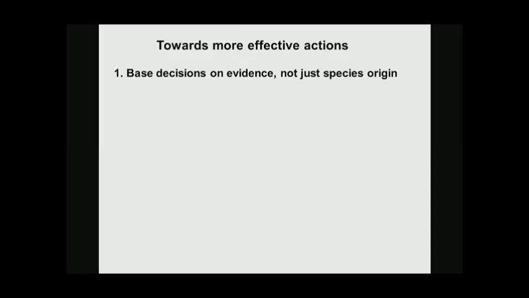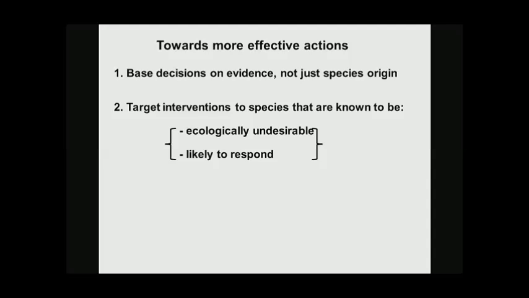The scientific approach would say we should base decisions on evidence, not just species origin. We've got to have the evidence. We have to target interventions then to species that we know are ecologically undesirable. We know that they're not playing a good role, and we also know that they're likely to respond to our intervention. A lot of the effort that goes at targeting alien species for eradication is actually actions which are unlikely to be successful.